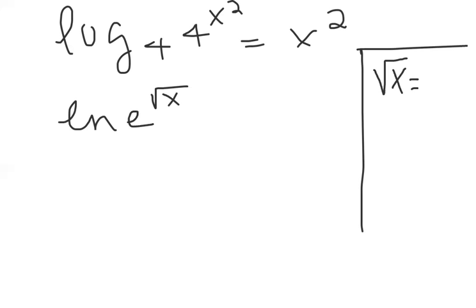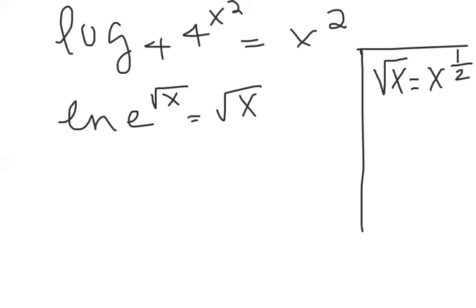Sometimes they do expect you to convert the radicals to a rational exponent. Not all the time, certain cases. Like in this case, you do not have to convert it. In the next section, you're going to have to convert it, okay? So with natural log e to the square root of x, the natural log e cancels out, so that leaves you with square root of x.